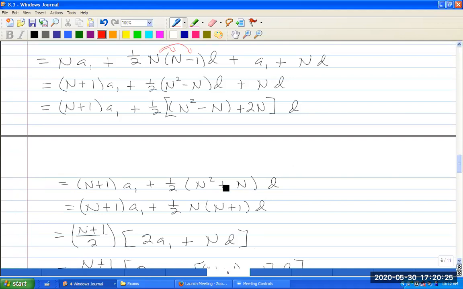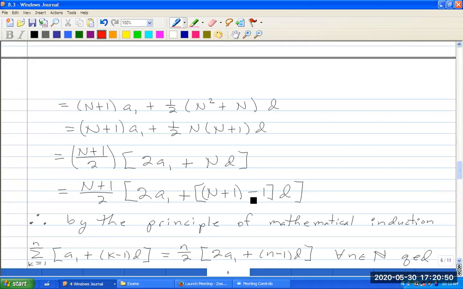And so I can factor out the n here. So this just becomes n times n plus 1. There's n plus 1 in common. Let's factor out 1/2 times n plus 1. So this becomes a 2a sub 1, and this just becomes nd. Let's write n as n plus 1 minus 1.